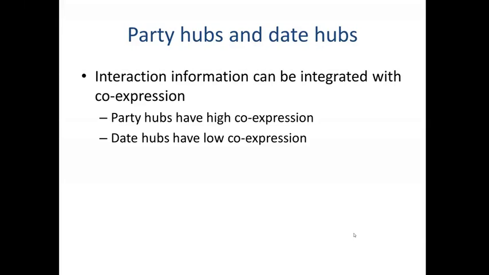For example, you could have a group of interactions that are all expressed in adult liver when they occur. You can also have date hubs, which tend to have relatively low co-expression and occur at a particular time. For example, they occur during one stage of the cell cycle. So those are the concepts of party hubs and date hubs.